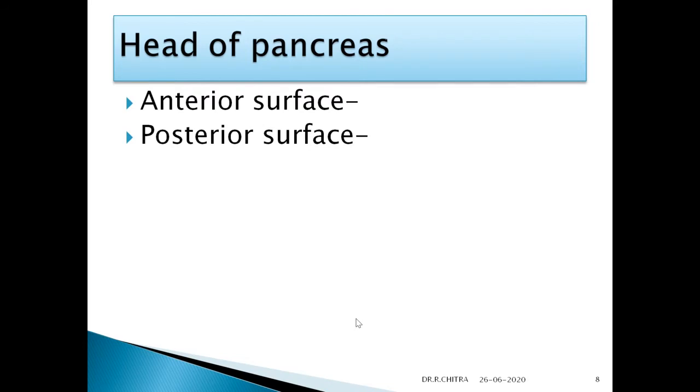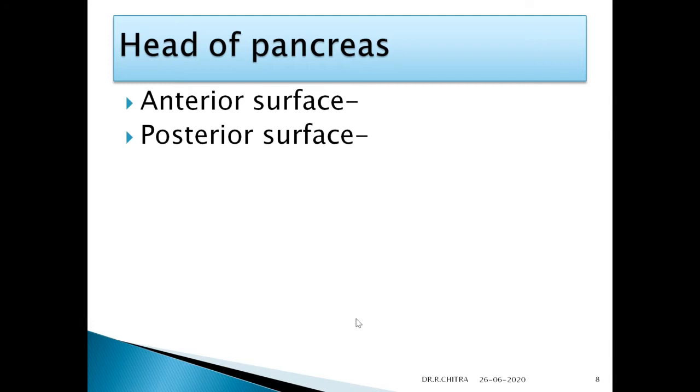Posterior surface: it is non-peritoneal, and it is related the same as the third part of the duodenum. What are the posterior relations of the third part of the duodenum? If you recollect, inferior vena cava, both renal veins, right crus of the diaphragm and the bile duct.